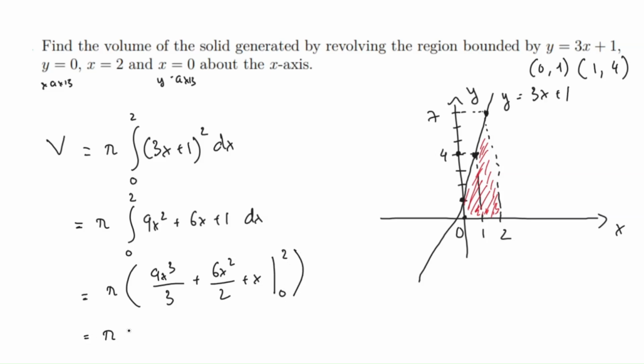You plug in 2 to this function: 9 times 2 cubed over 3, plus 6 times 2 squared over 2, plus 2, and minus the value when you plug in 0, which is 0 minus 0 minus 0. And this is equal to 38 pi.